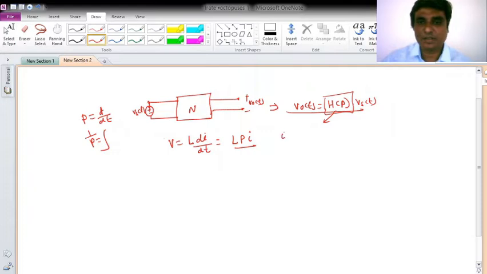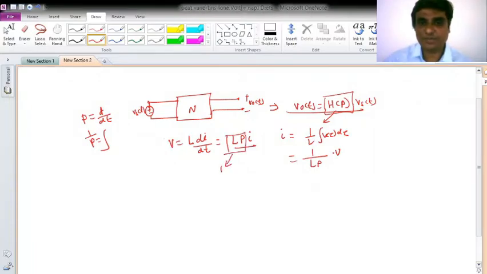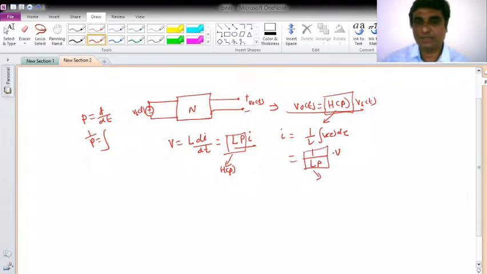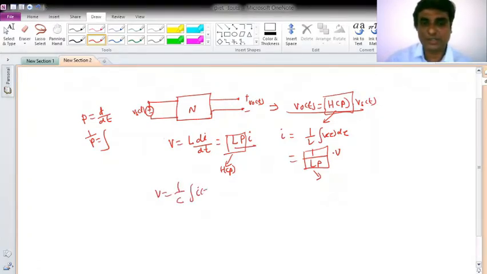Or if I write I equal to 1 over L integral V of tau d tau, I can write it as 1 over Lp times V. So this Lp is my H of p, the Heaviside operator, system operator, or the admittance operator. Similarly for a capacitor, V is equal to 1 over C integral I of tau d tau, which I can write as 1 over Cp into I. So this will be my H of p.